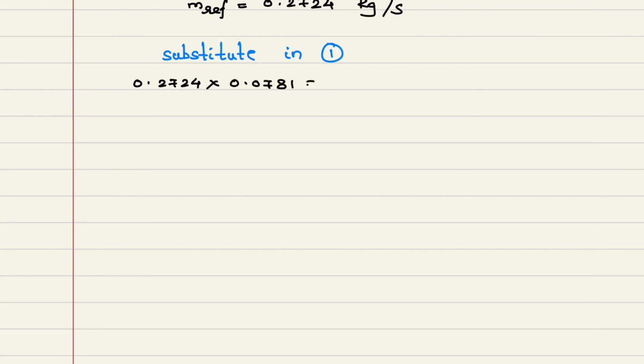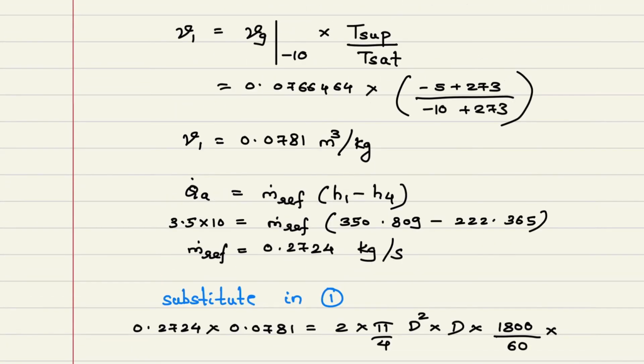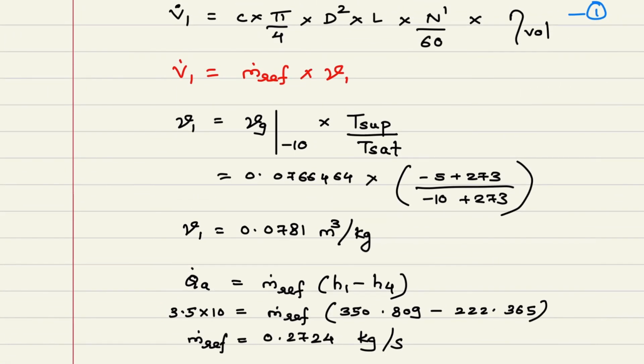0.0781 equal to C, which is 2, into pi by 4 D square into L, which is equal to D, so again D, into N dash by 60. What is N dash given? 1800 rpm by 60 into volumetric efficiency. Now in the question volumetric efficiency is not given, so we will assume volumetric efficiency is 1.